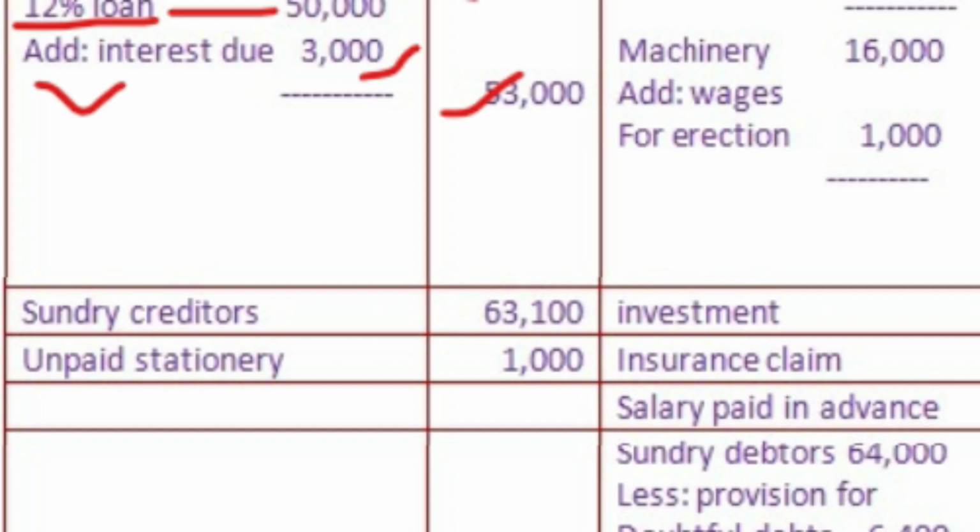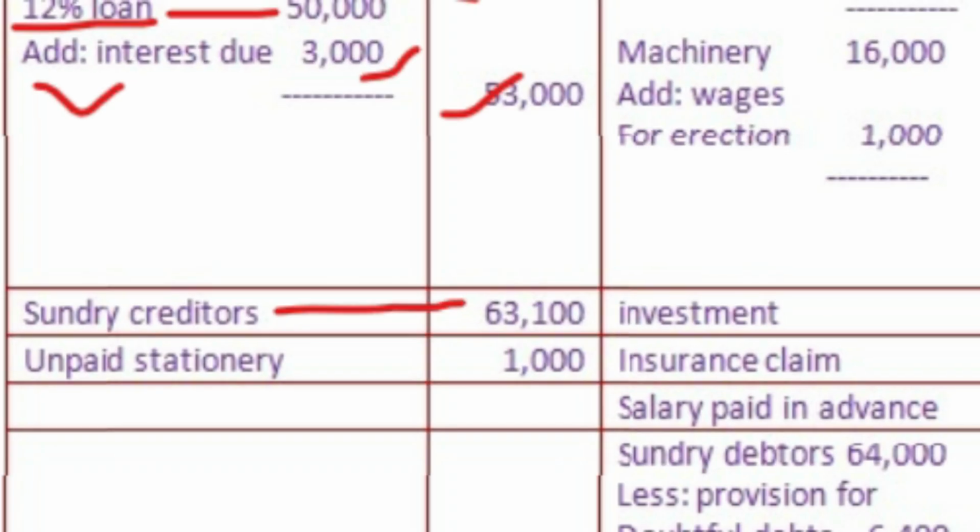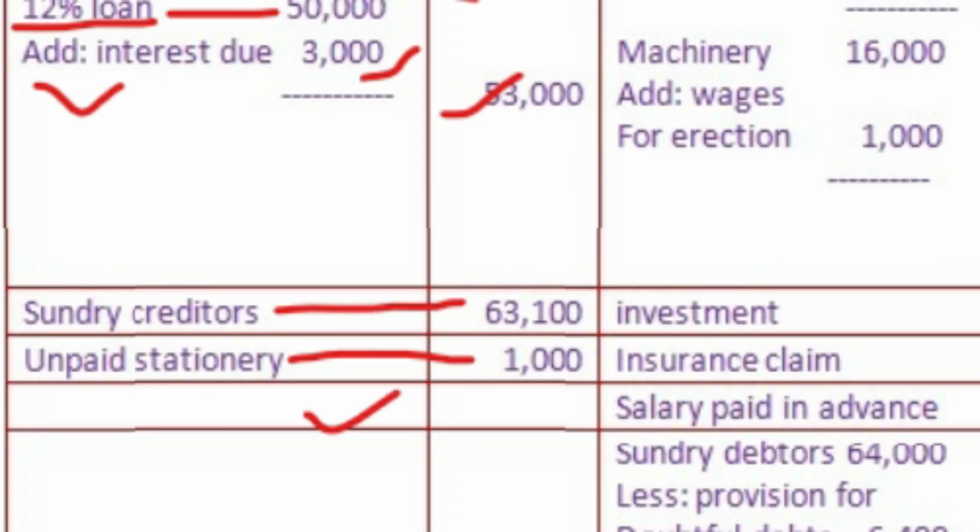Thereafter sundry creditors 63,100. This sundry creditors balance is available on the credit side of the trial balance. And unpaid stationery, given in the adjustments as rupees 1,000, is first adjusted in the profit and loss account and subsequently is a payable liability of 1,000, written on the credit side.